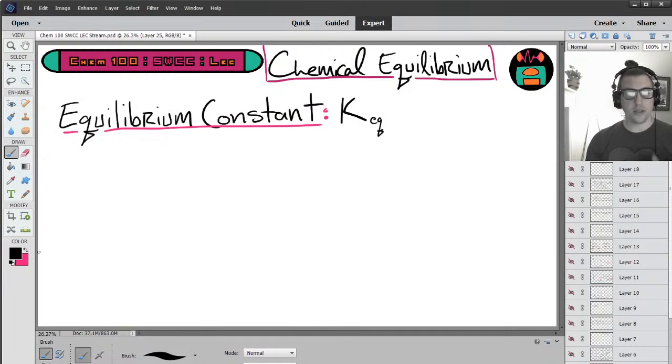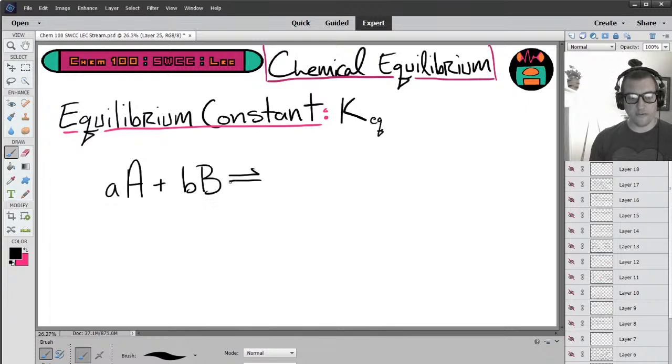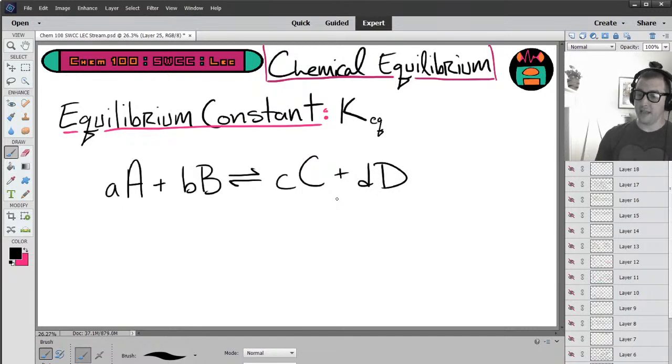All right. Now, you can express the equilibrium constant mathematically based on the balanced chemical equation for the reversible reaction. So, if you have a chemical equation where A and B are reacting reversibly to form C and D, I can write an expression for the chemical equilibrium.